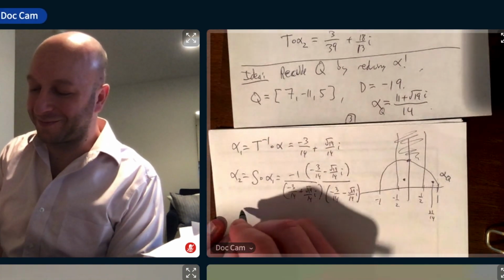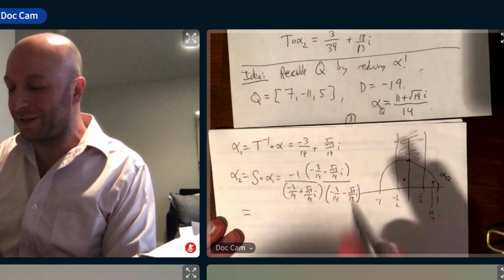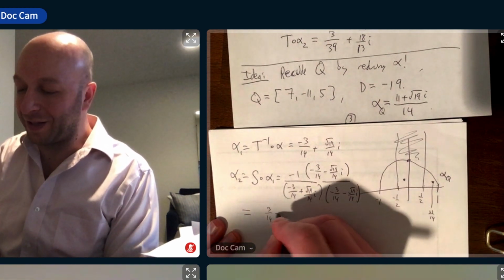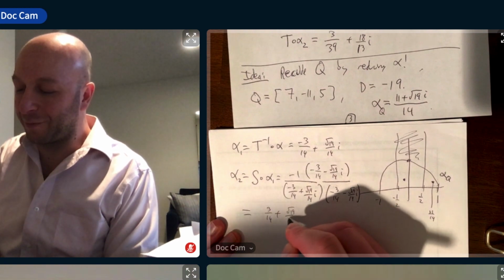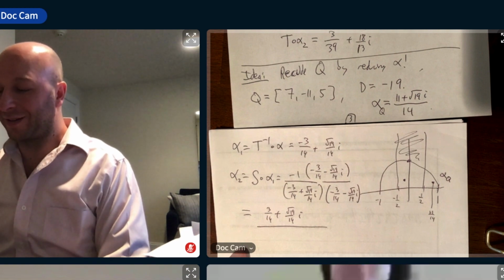Beautiful. Okay, keep going. So let's fix the numerator first. That's pretty easy: 3/14 plus root 19/14 i.